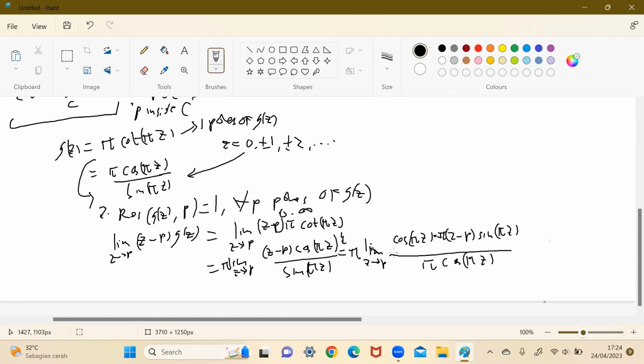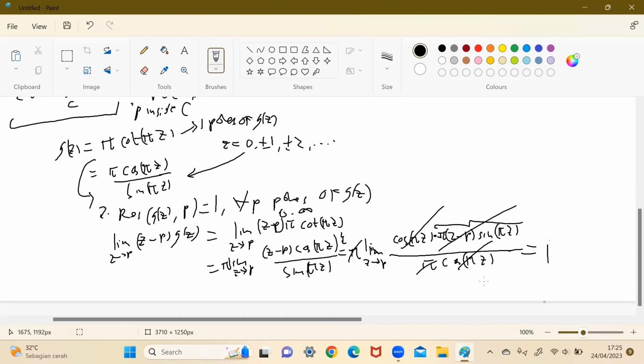Now, if you substitute z equals p into this new limit, the second quantity in the numerator will be 0, so it cancels itself out. The cosine pi z in the numerator and denominator also cancel out, and the pi's also cancel out. Because of this, we get the neat property that the residues of g(z) at each of the poles, no matter where they are, whether 0, 1, or minus 1, is equal to 1.